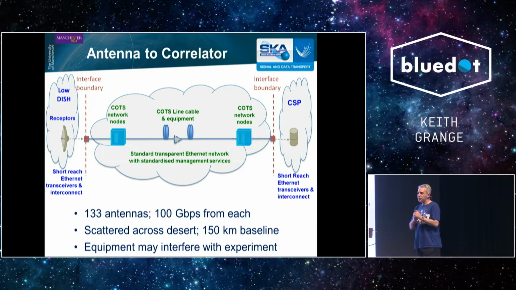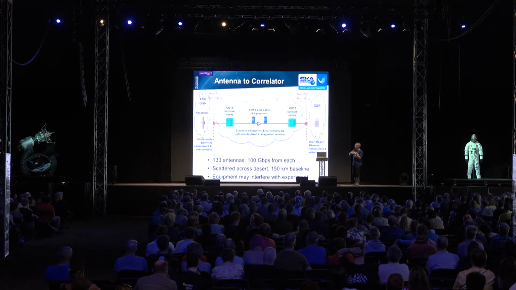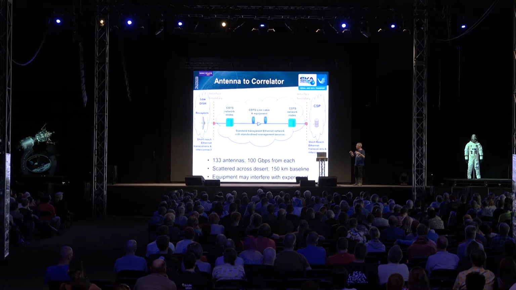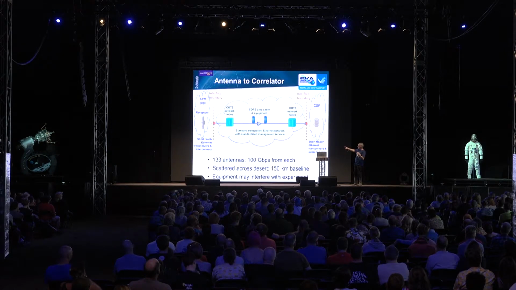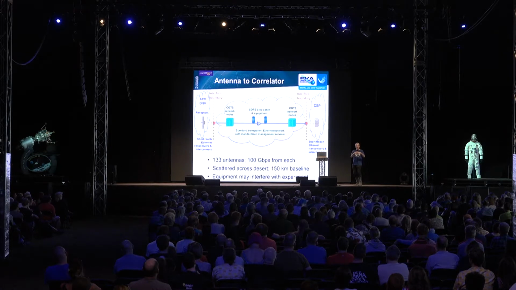So, how did we go about doing the design work? First of all, we had to get the data from these individual antennas back to this central building in the middle of the desert. And so we're using fairly much standard commercial, off-the-shelf equipment, but producing about 100 gigabits per second, but we've got 133 antennas, or 512 stations in the case of the low-frequency telescopes.